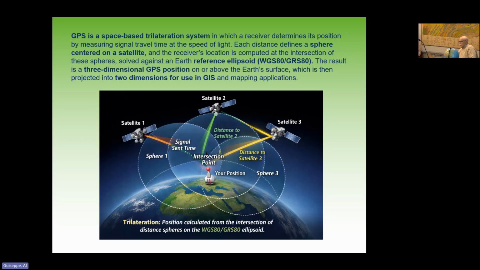And then it can further go into 2 dimensions, like your GIS mapping application. So it's actually a pretty sophisticated system. And when it first went up, during the 90s, they still had the ability to scramble the location so you know where you are.